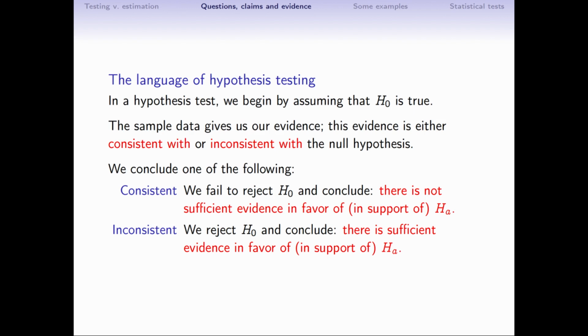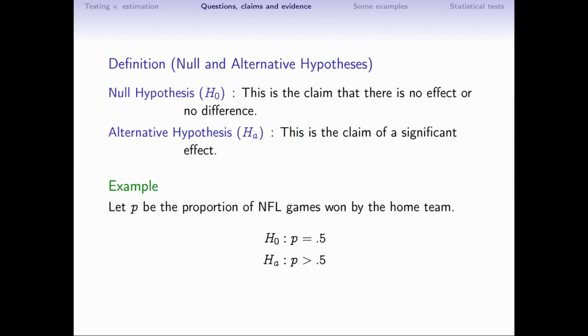Now, to help you fix these concepts in your mind, let's go back to a previous example. Let P be the proportion of NFL games won by the home team. The null hypothesis, the hypothesis of no effect, is that P in fact is equal to 0.5. The alternative hypothesis is that P is greater than 0.5. Now let's consider two cases.